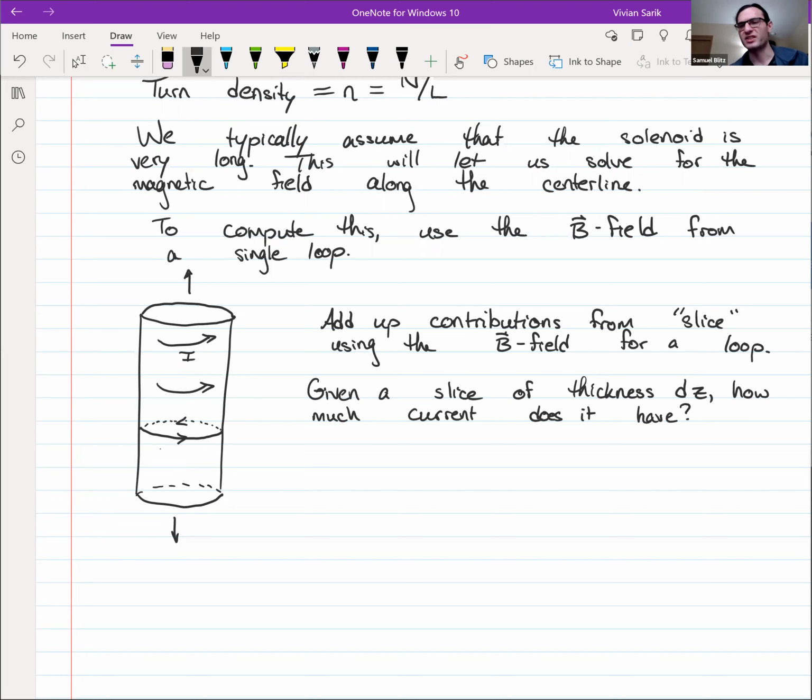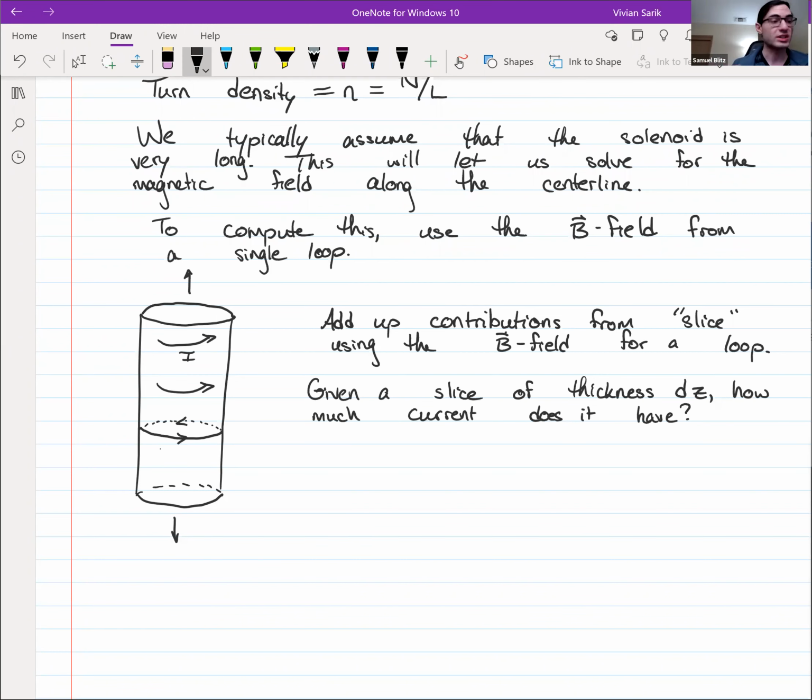And by the way, this is the standard thing that we're doing. It's just like we've done this for lines of charge, where we look at an infinitesimally small length of charge and ask how much charge a segment of length dz has. So it's the same thing. It's just here it's current flowing around that slice.